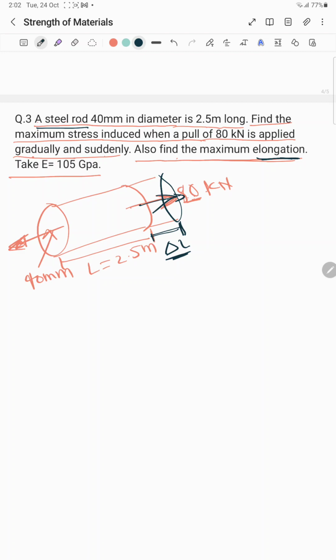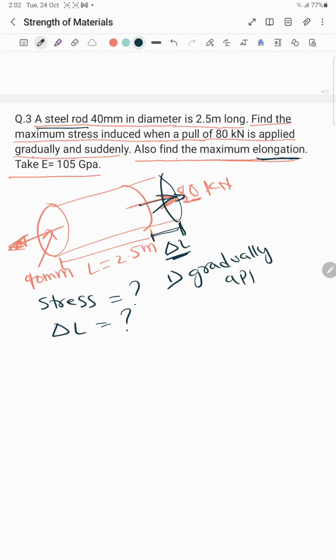So in the question, what we need to find is the stress and the elongation for both conditions: the first is gradually applied load, and the second is suddenly applied load.